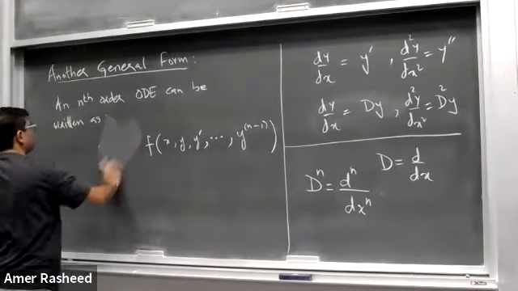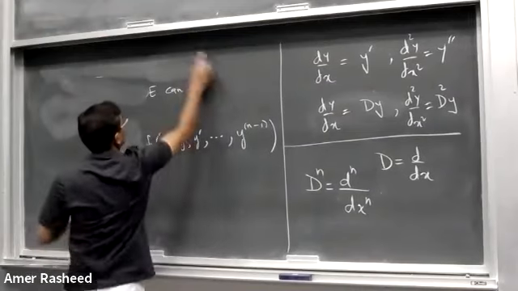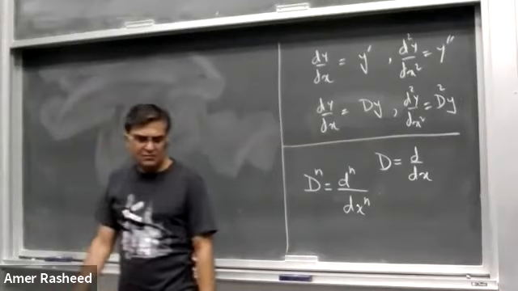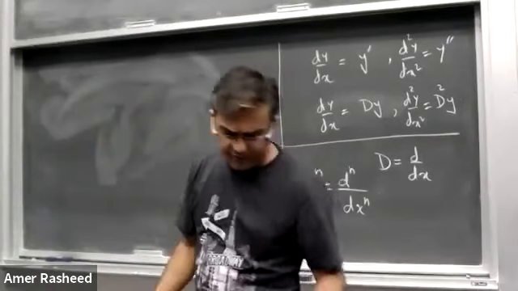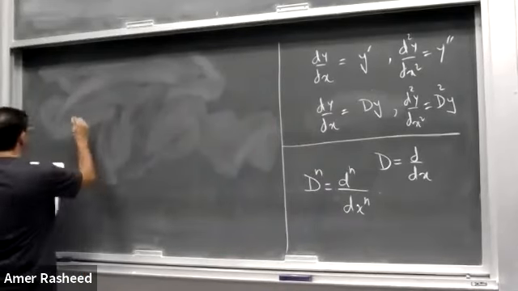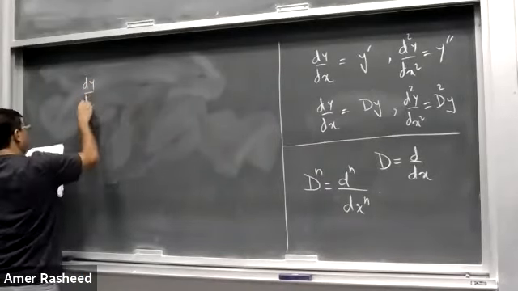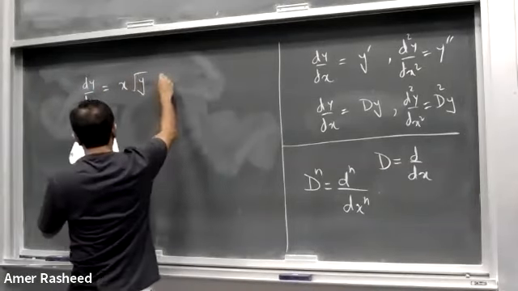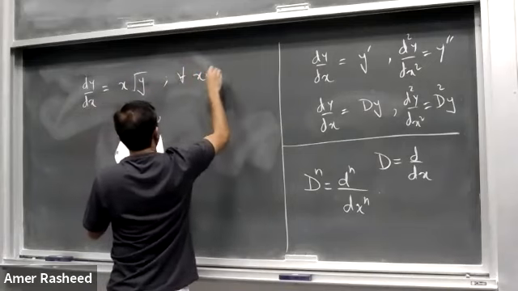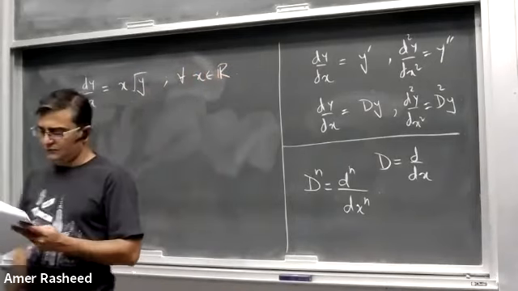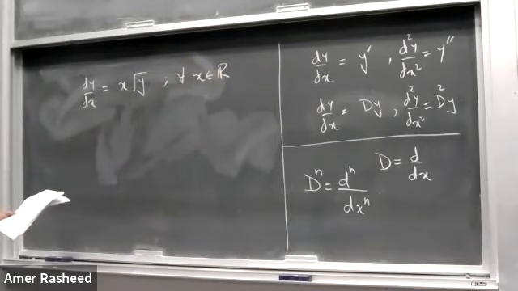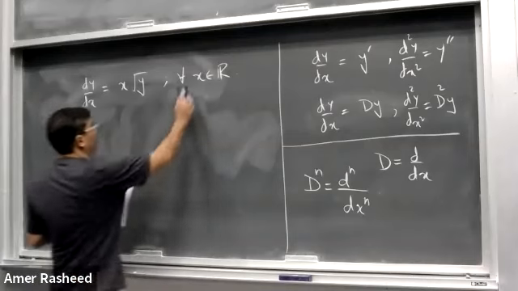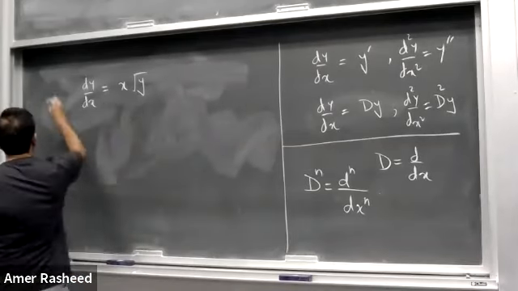If you have this differential equation, dy by dx is equal to x square root of y for all x belongs to R. This is a differential equation.